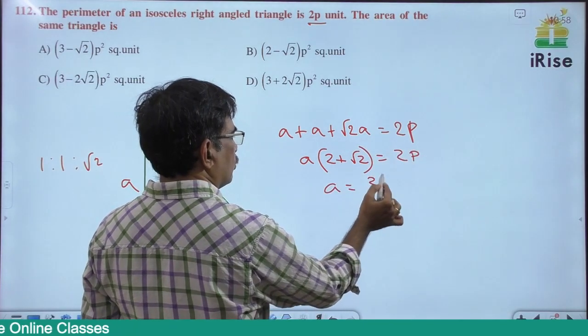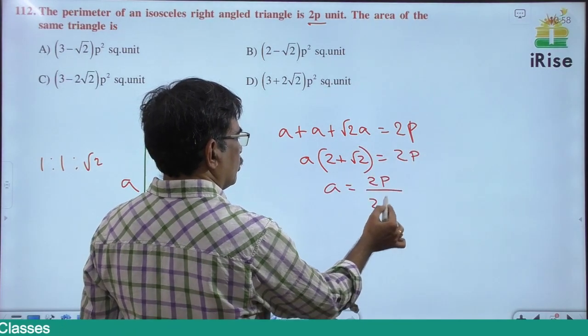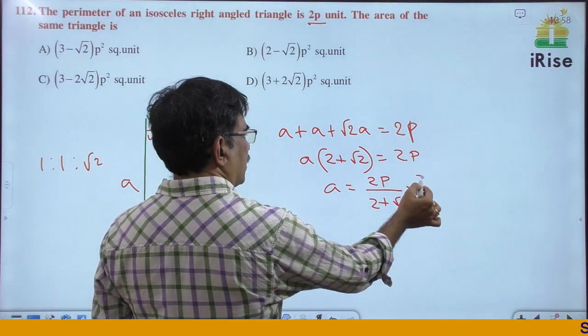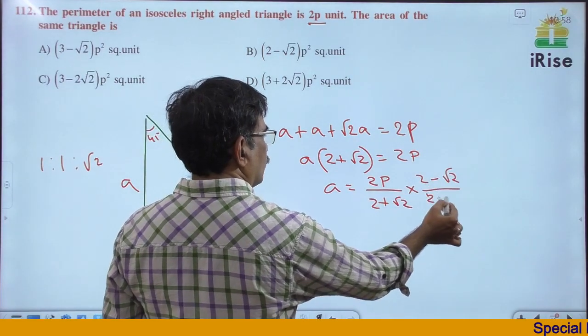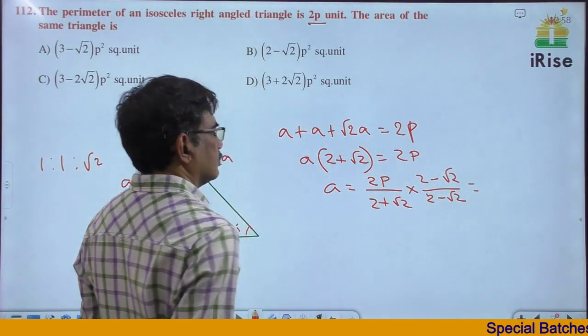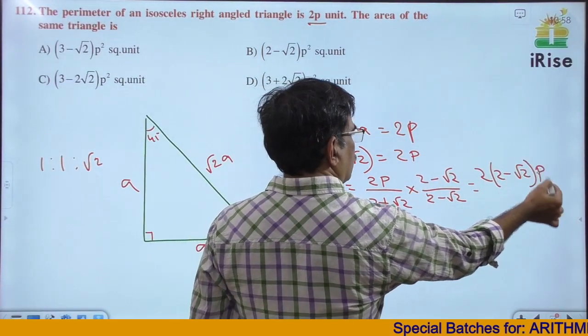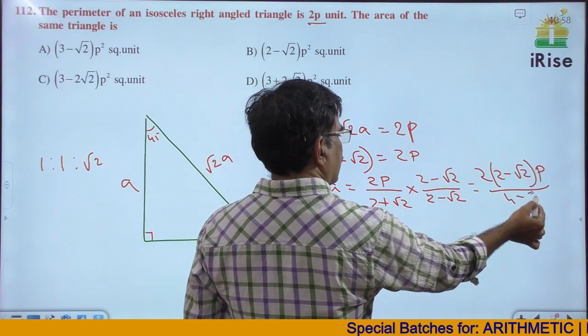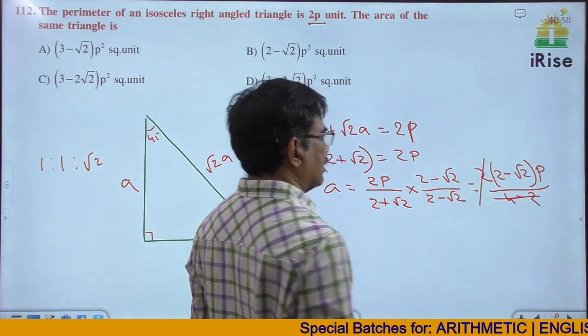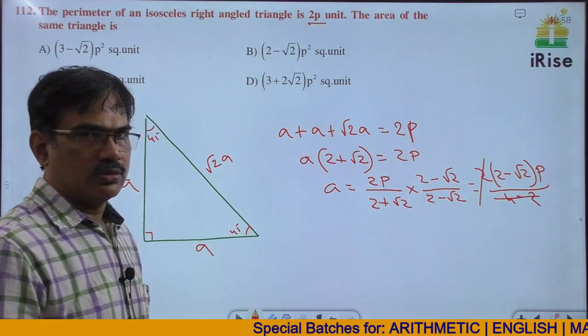So A is equal to 2p by 2 plus root 2. Multiplied and divided by 2 minus root 2, what we get? 2 into 2 minus root 2 into p by 4 minus 2. These two get cancelled. This is the value.